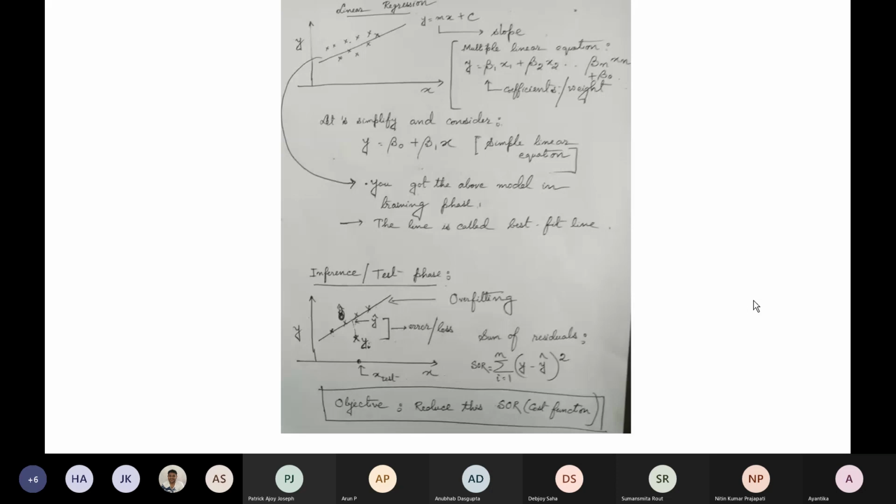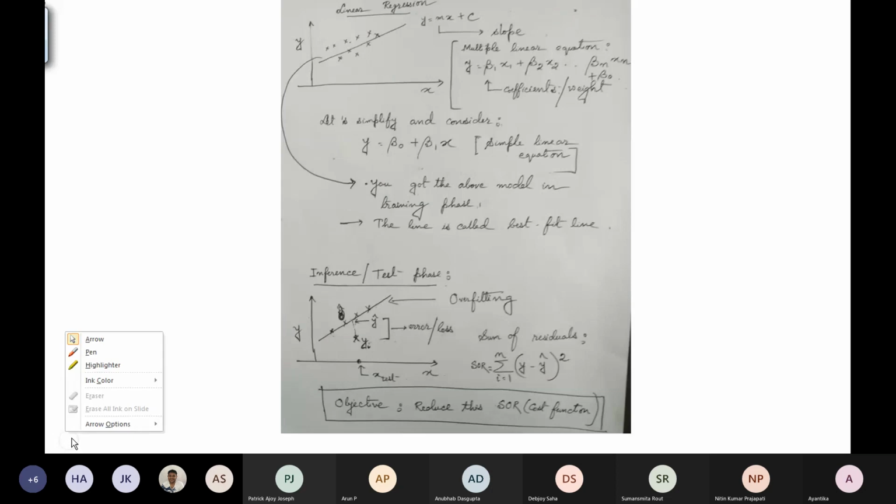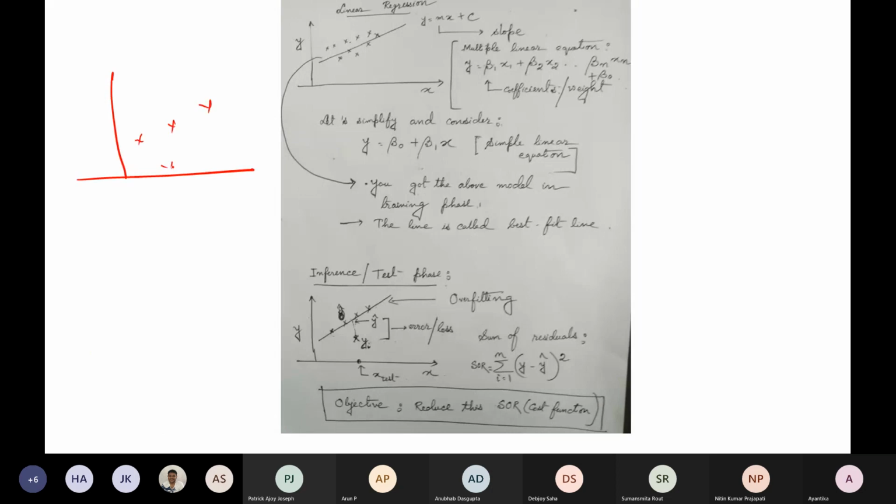When we talk about multiple linear equations or linear regression, we have some data points, and we are training with our training data and getting a particular model. Generally, we call that our best fit line.